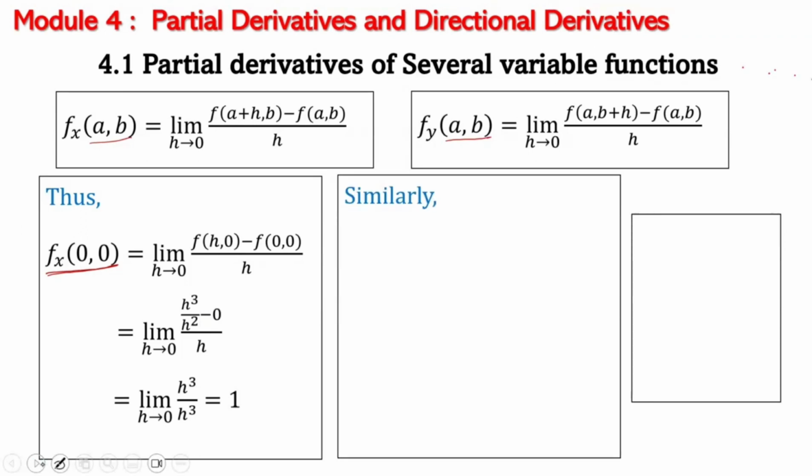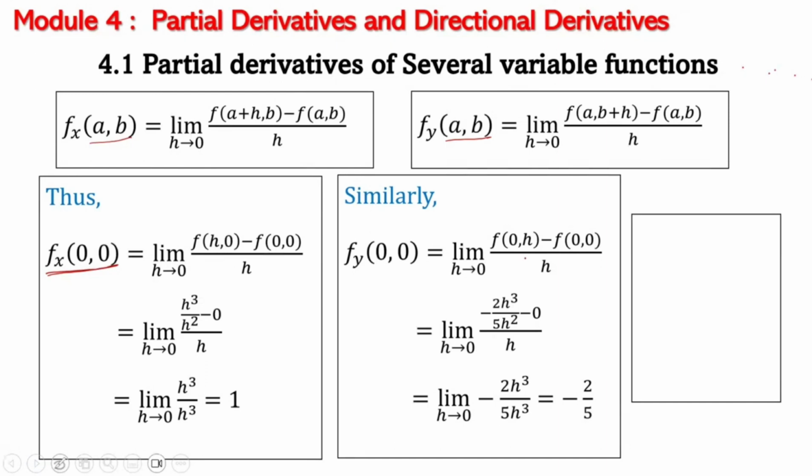Now let's check the partial derivative with respect to y. Again, f_y(0,0) is the limit as h tends to 0 of f(0,h) minus f(0,0) over h. From the given function, we have f(0,h) equal to minus 2h^3 over 5h^2, and f(0,0) is 0, and then h.